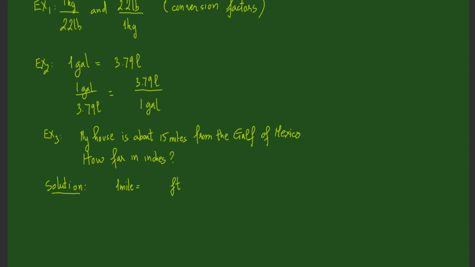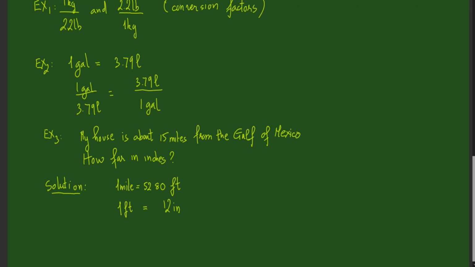So 1 mile is 5,280 feet. And you also need to know the relation between feet and inches. 1 foot is 12 inches. This is something everybody knows.